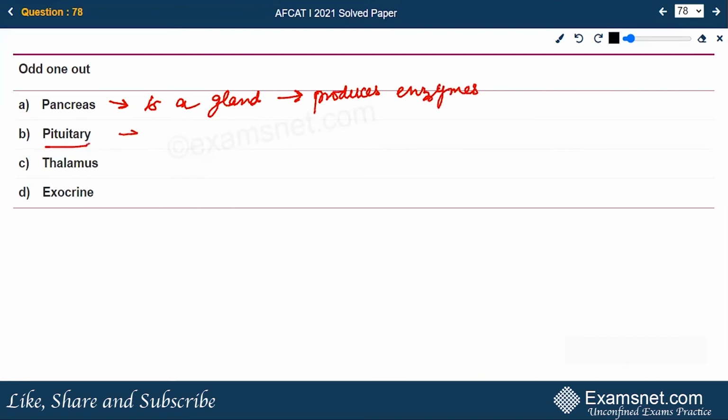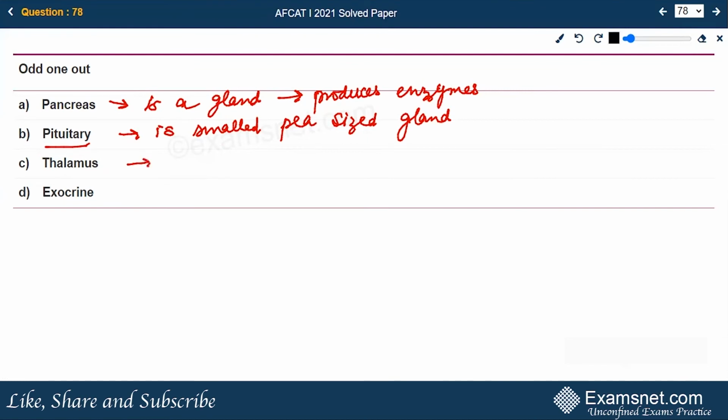Pituitary again is a small pea-sized gland which is located in the center of your brain or head, and it releases several essential hormones in the body. Next is thalamus.